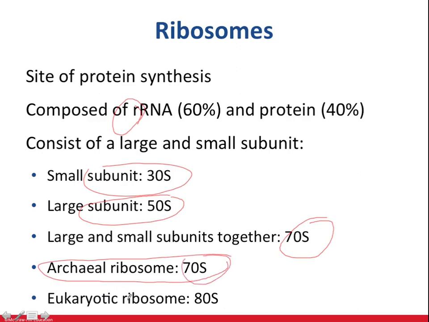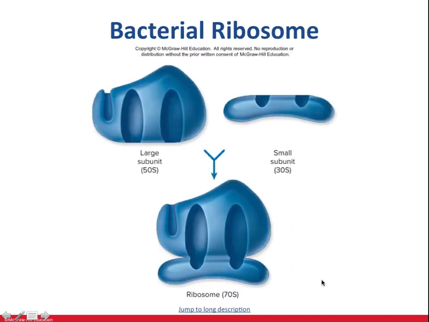However, eukaryotes have a different combination, which is 80S. So that's a difference. This is 50S, this is small 30S, and once combined together it is 70S.